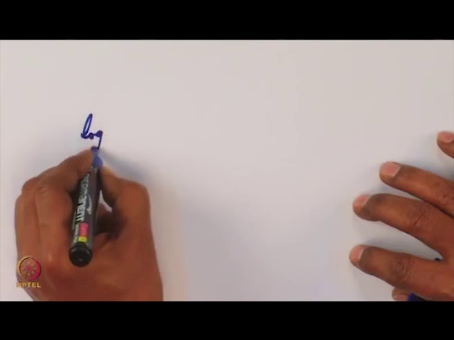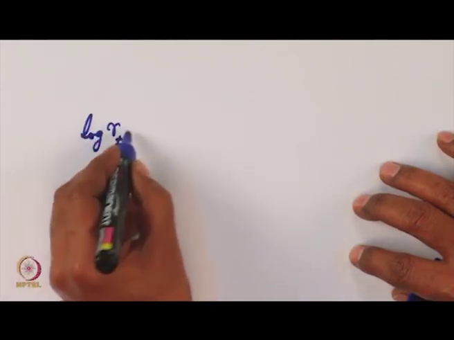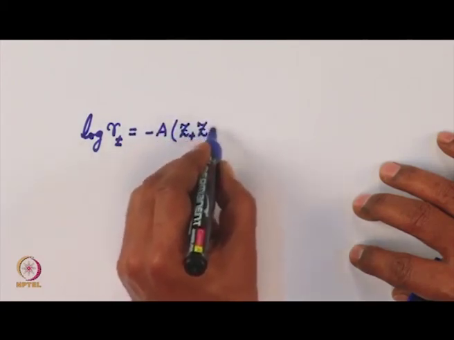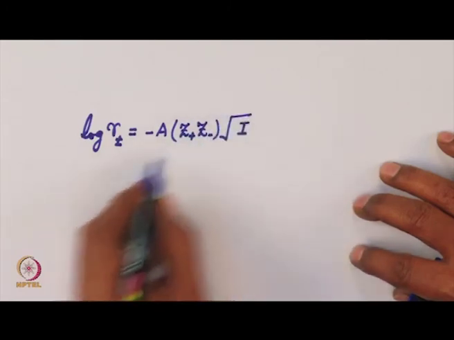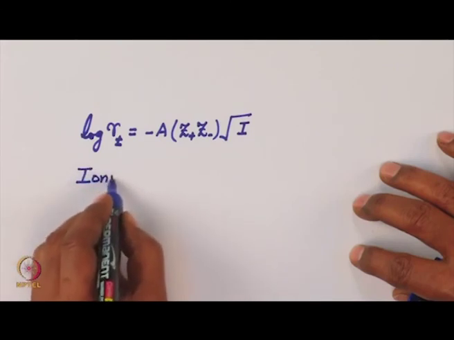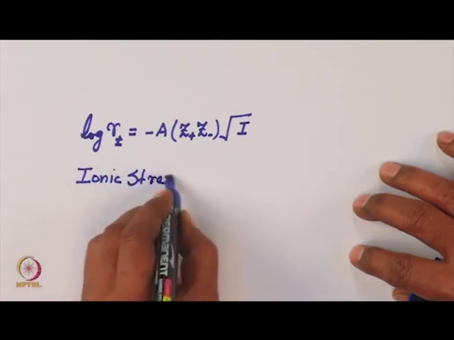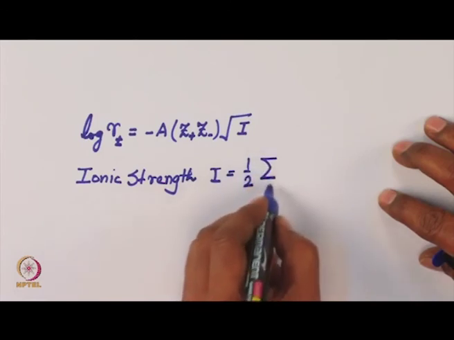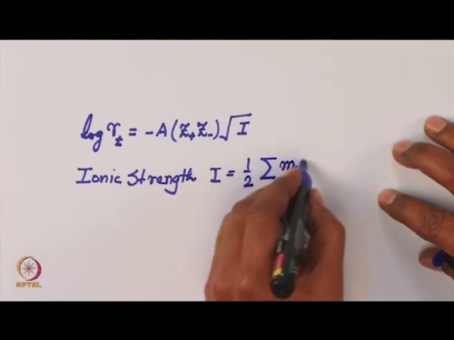We will discuss the Debye-Huckel limiting law a bit later, but I will just express an equation representing it, which is log base 10 gamma plus minus is equal to minus A into Z plus Z minus root I. I is ionic strength, equal to half summation i Mi Zi square.